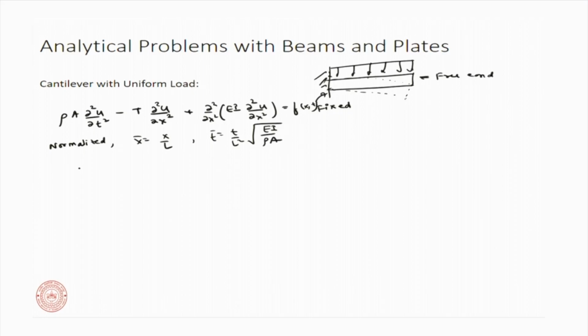And if you normalize these, you will get d square u by d t bar square minus some alpha term d square u by d x bar square plus d4 u by d x bar 4 (we have not normalized u) is equal to some forcing term, where this forcing term into L4 over EI is equal to some capital F. Okay.